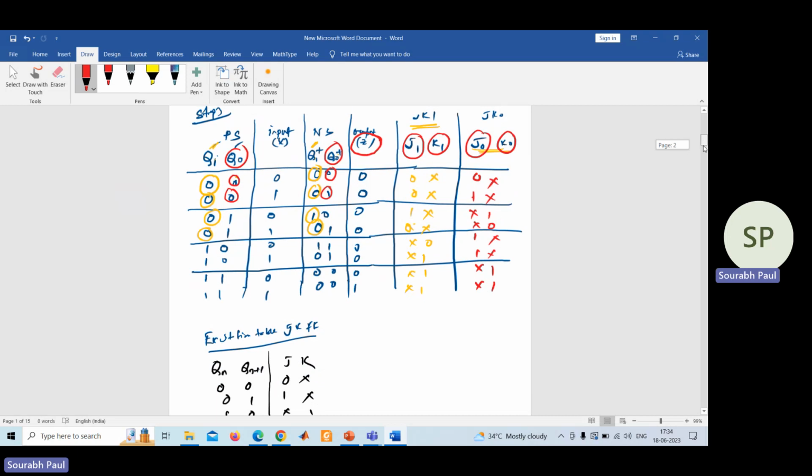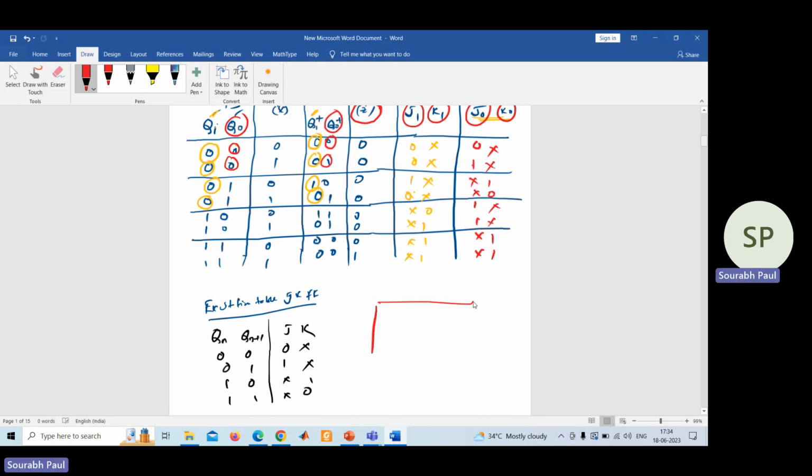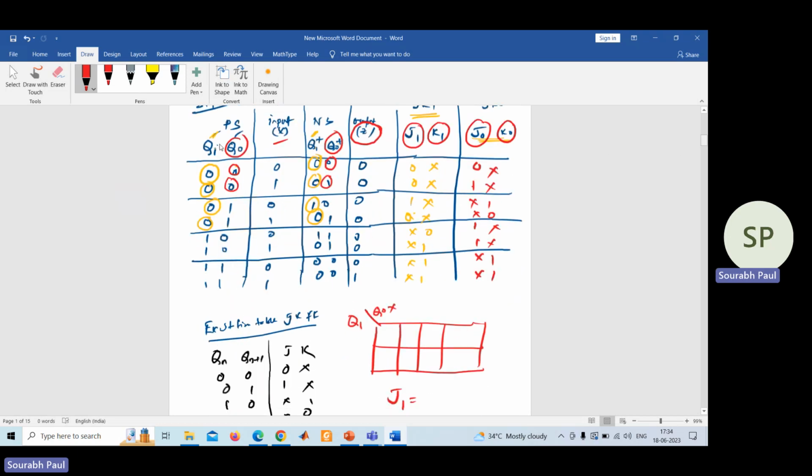So I will show one of these K-maps, how to find the expression for each of the output variables. First of all, I will show J1. In this case, what are the inputs? The inputs are Q1, Q0, and this X. In order to make this K-map, you need to consider Q1, Q0, and X. And these are the outputs you need to find out: the output expressions Z, J1, K1, J0, K0.